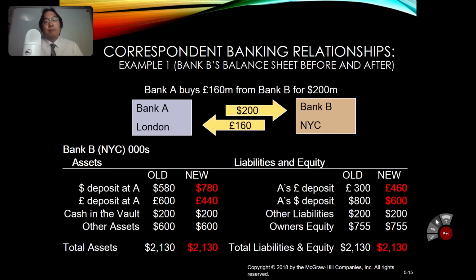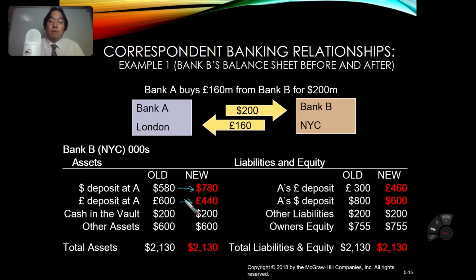And then the British pound, in exchange, you gave it to Bank A. So in what form? Well, knock it off from the deposit account at Bank A. 160 million pounds decrease happened in that sense over here.